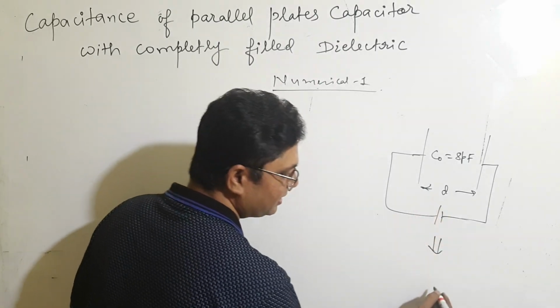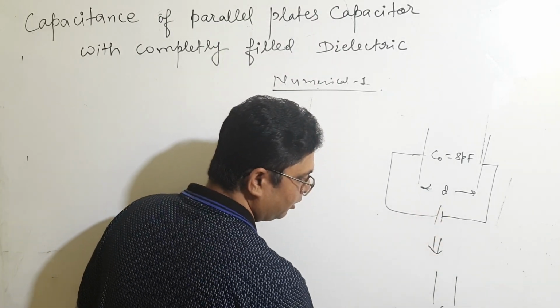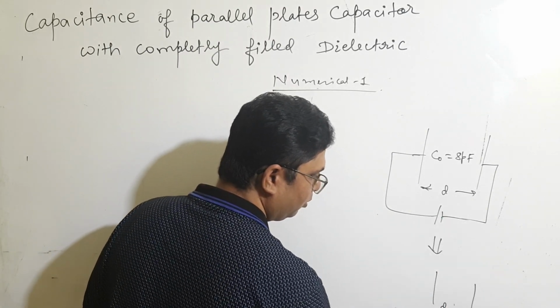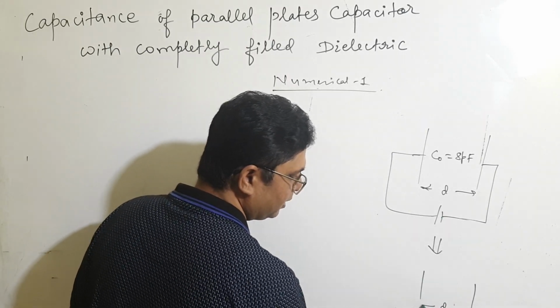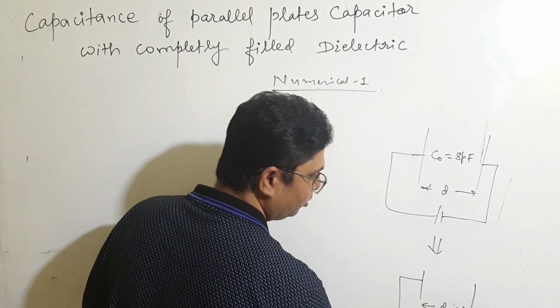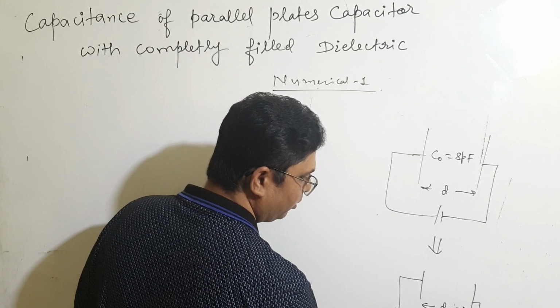We will reduce the distance to D by 2. Now the distance becomes D upon 2, half, and they are still connected with the same battery source, V potential.